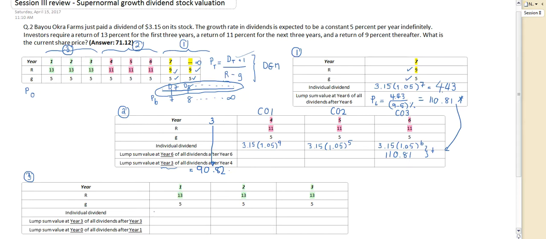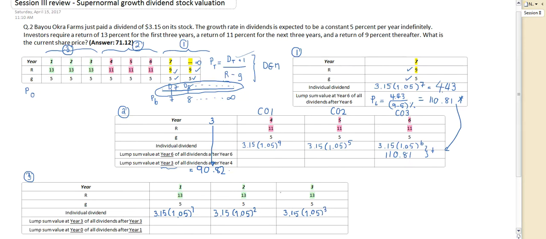We start find individual dividend first. So dividend at the end of year 1 will be dividend at year 0 that grows just 1 year. And dividend year 2 will be dividend year 0 that grow 2 years. And dividend at year 3 will be dividend year 0 that grow 3 years.